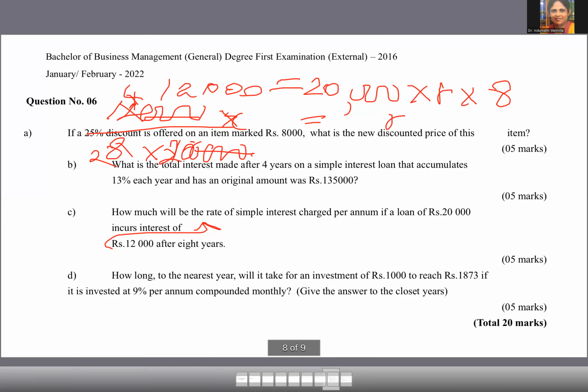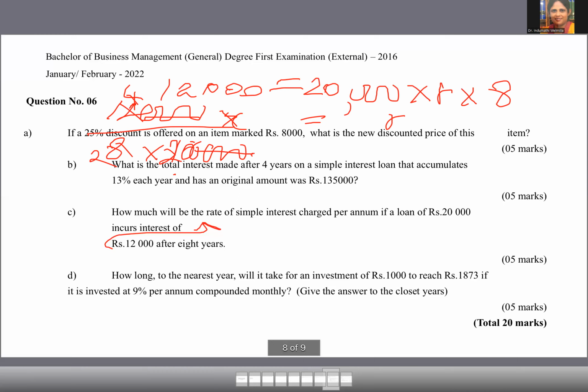So shall I use my calculator? Then I can do this quickly. 12,000 divided by 8 and again divided by 20,000.